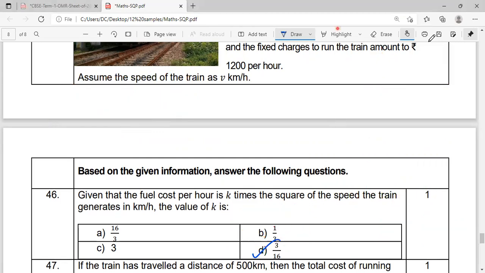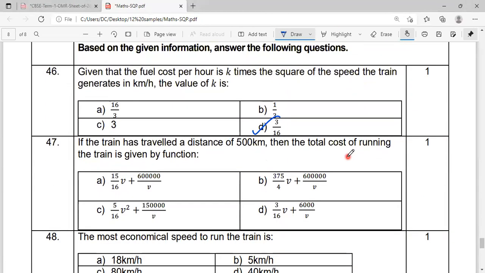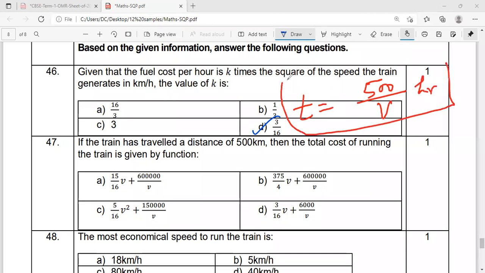And then what do we have next? The train has traveled a distance of 500 kilometer. Then the total cost of the running of the train is given by. See, when the train travels a distance of 500 kilometer and its speed is V, time is equal to distance by speed, so this many hours will be taken.